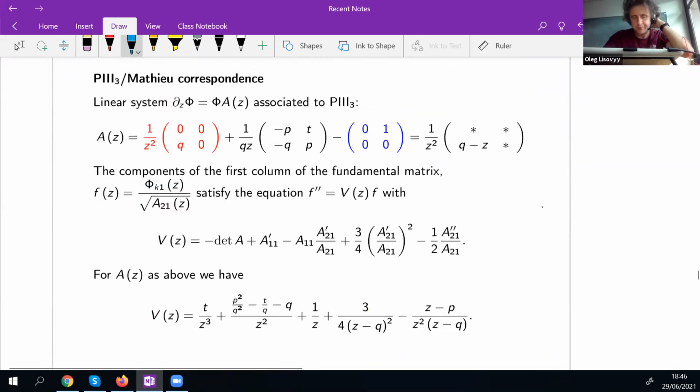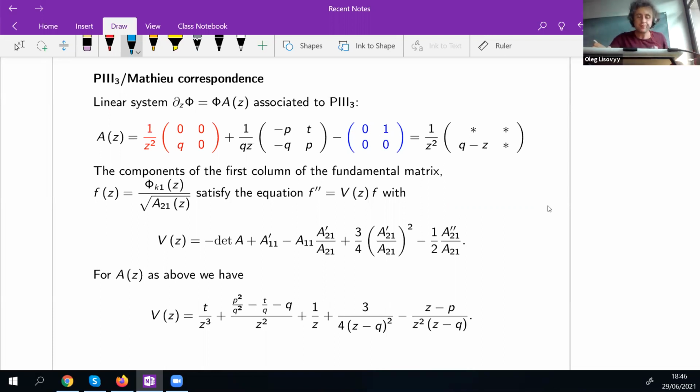So let me explain the relation that we have between Painlevé 3 and Mathieu. Reconsider the linear system associated to our Painlevé equation. Of course, we can convert this into a linear scalar ODE of the second order by considering any component of the fundamental matrix solution.